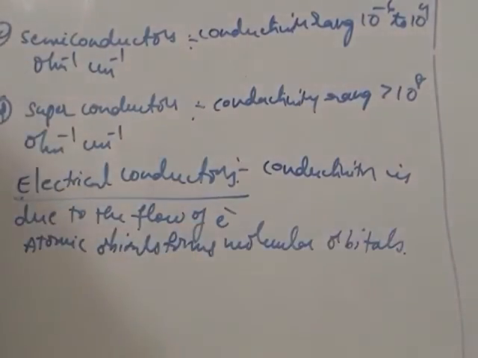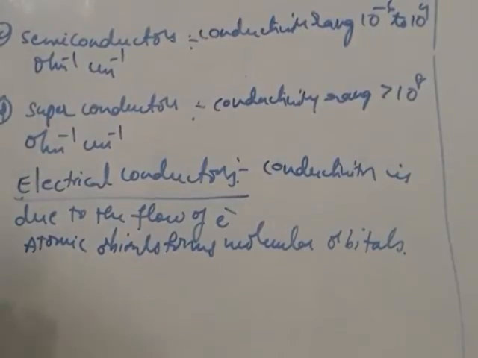Molecular orbitals are again of two types. Molecular orbitals which occupy lower energy are called bonding orbitals, and orbitals which occupy higher energy are called anti-bonding orbitals.